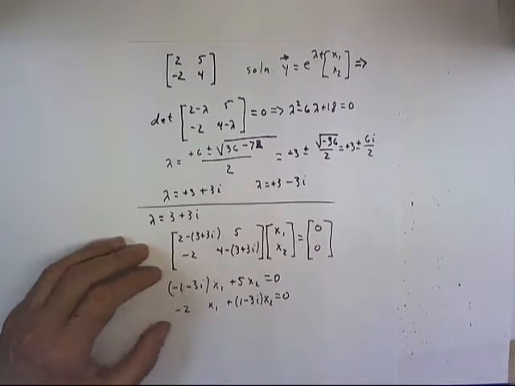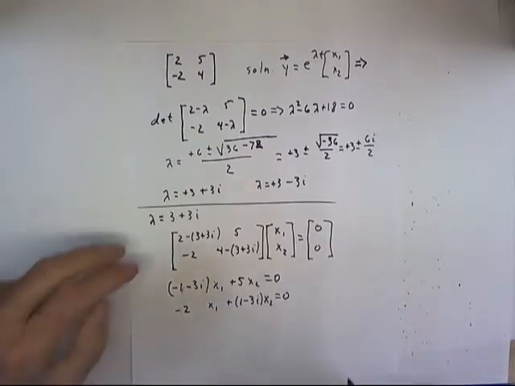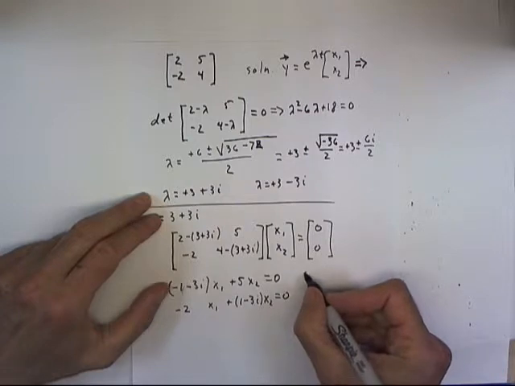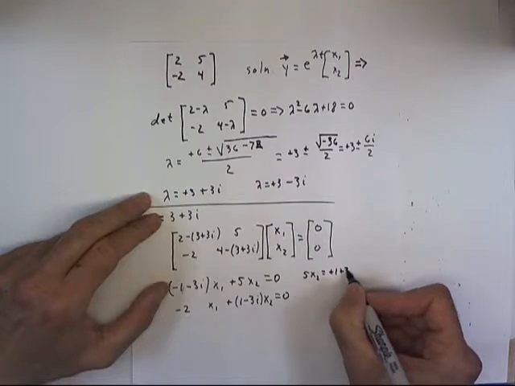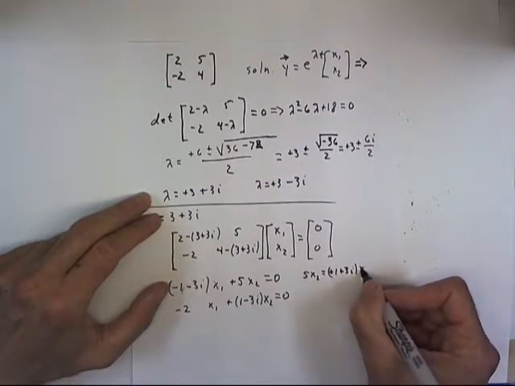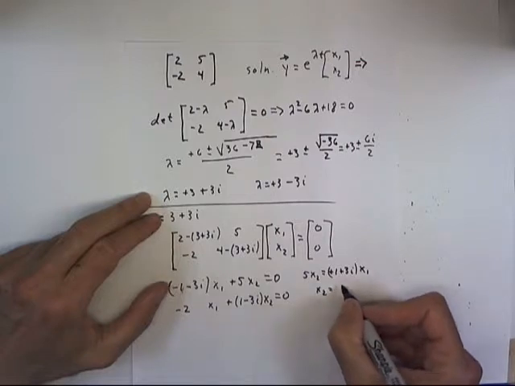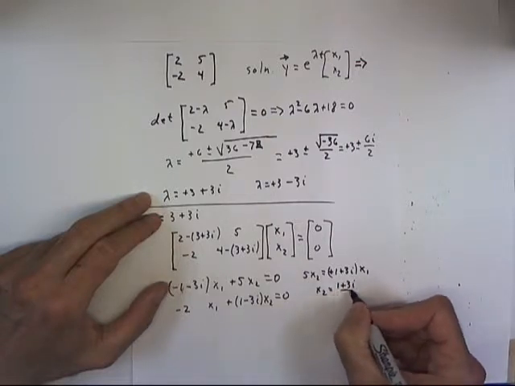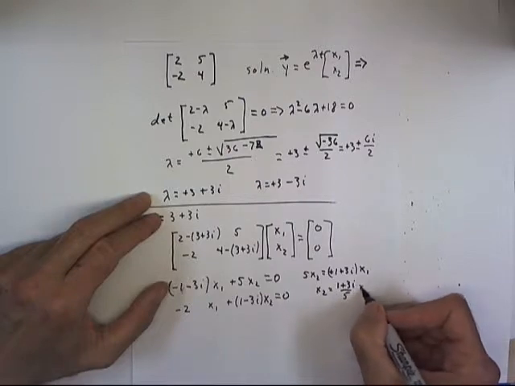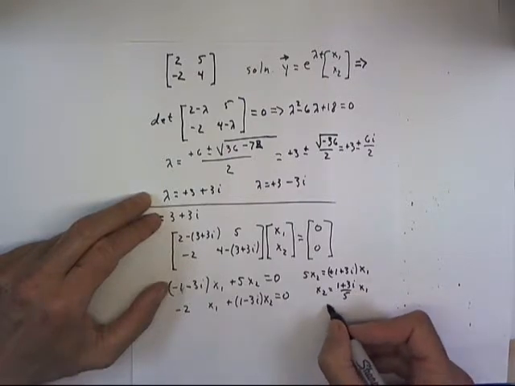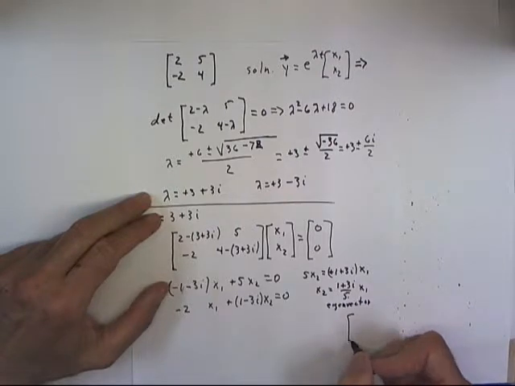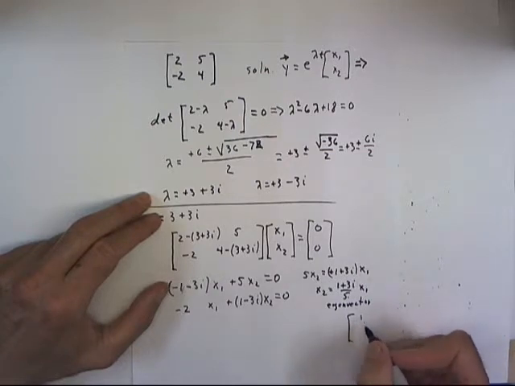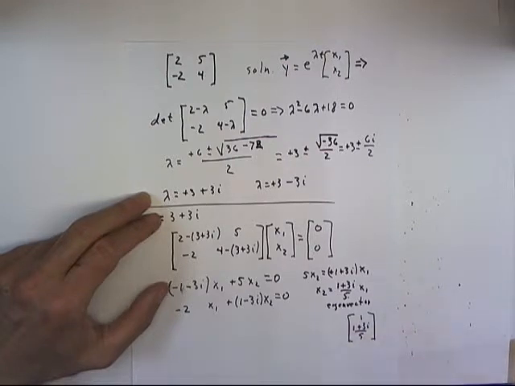On second thought, we're going to get plenty of practice, so I'm not going to do that. If I add this to both sides, I get 5x2 equals 1 plus 3i times x1, so that x2 equals 1 plus 3i over 5 times x1, giving us the eigenvector. If we let x1 equal 1, we get the eigenvector 1, 1 plus 3i over 5.